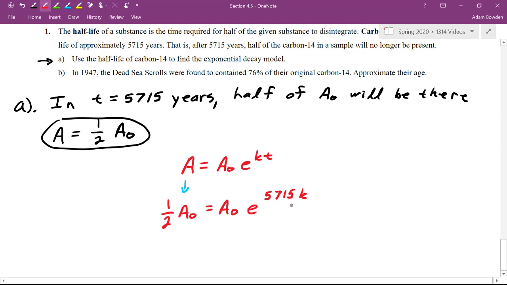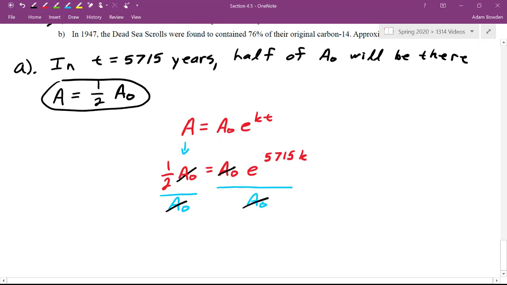So I'm putting that number in for t up above there. Now I can get rid of the A naught from both sides. Since there's an A naught on both sides, I can divide that out, and it will go away, leaving me with 1/2 equals e to the 5,715k.